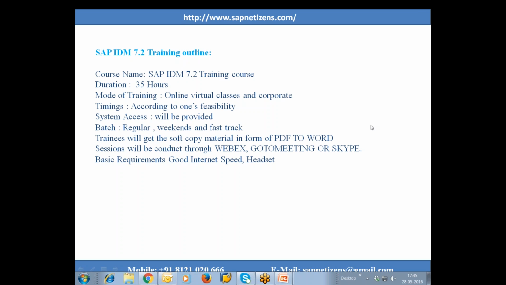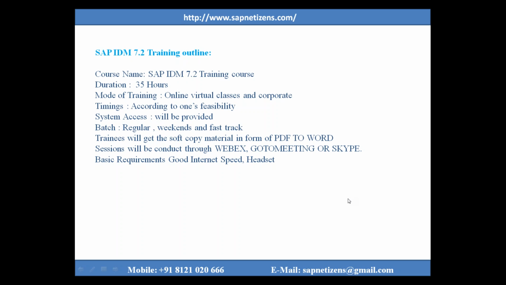If any issues are faced regarding the system, they will be solved within a couple of hours by the SAP Netizens team, and trainees will get the soft copy material in the form of PDF or Word. The session will be conducted through WebEx, GoToMeeting, or maybe Skype. The basic requirements are good internet speed and a headset, which helps you communicate with the trainer easily and also avoids disturbances during the session.